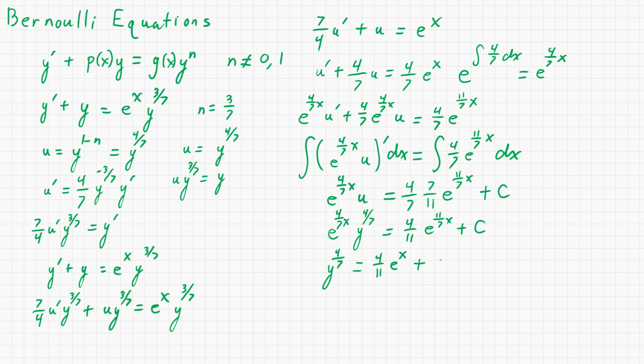Okay, this one isn't going to cancel, so c times e to the negative 4/7 x. All right, and then we put everything to the 7/4 power. So then y is equal to 4 over 11 e to the x plus c e to the negative 4 over 7 x, all to the 7/4 power.